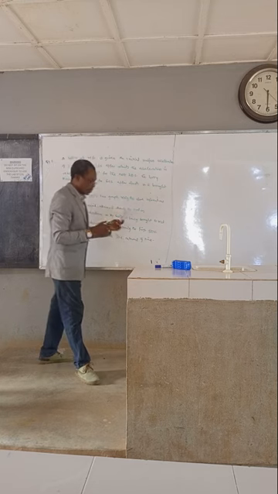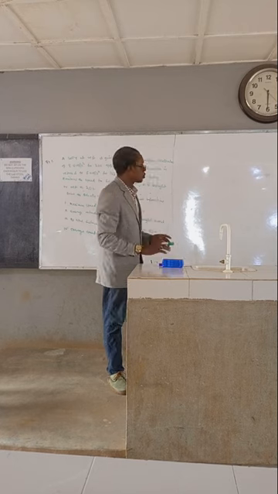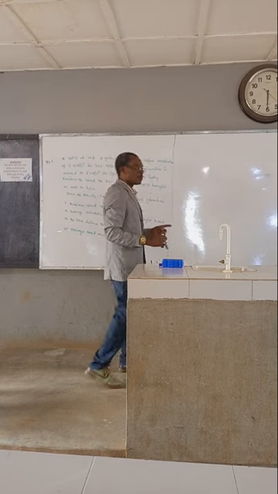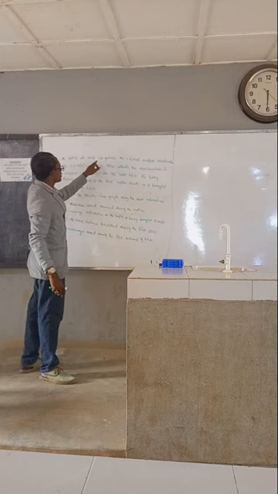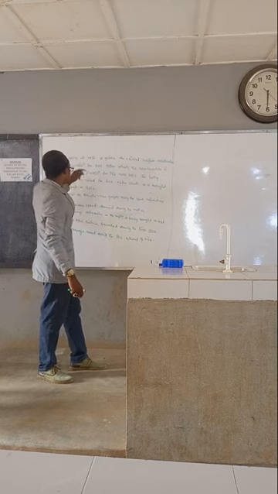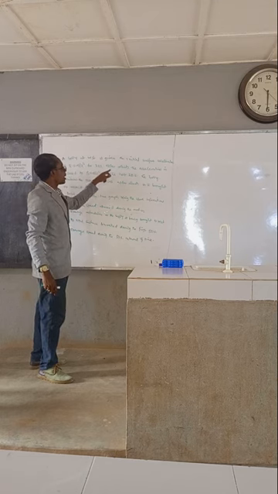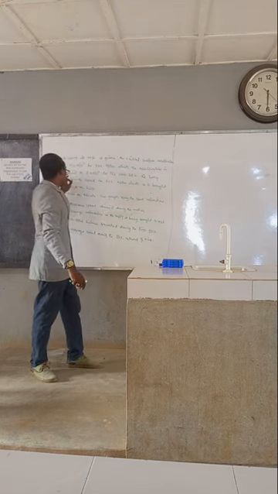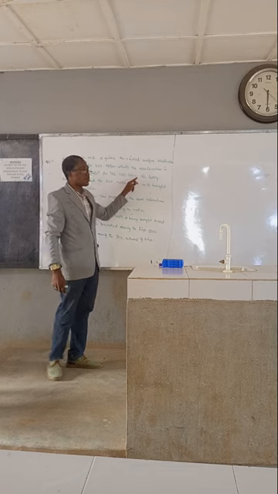Now, this is the question we have, and we want to attempt solving it. But before we solve it, let us quickly read through the question. It says, a body at rest is given an initial uniform acceleration of 8.0 meters per second squared for 30 seconds, after which the acceleration is reduced to 5 meters per second squared for the next 20 seconds.